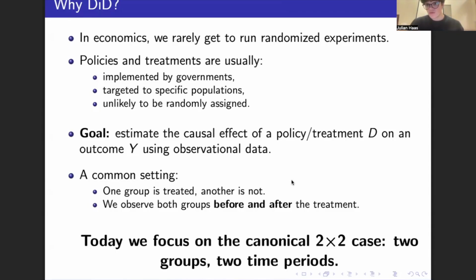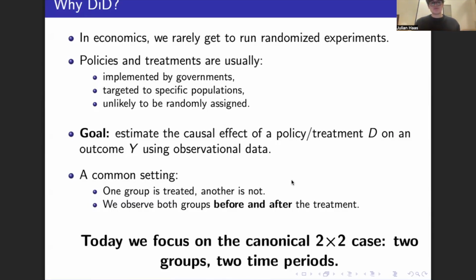So instead, we observe policies and treatments that are implemented or administered by some entities, right? Governments or schools or whatever it may be, that are targeting specific populations. And because of this, in general, it's unlikely that these treatments are going to be randomly assigned.